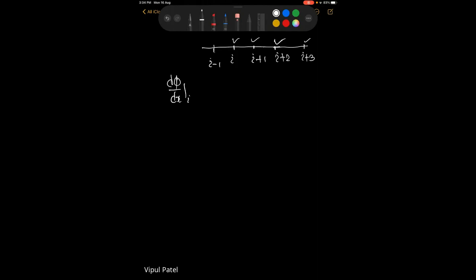So let's suppose P is the order of derivative, and let's suppose Q is something which is called the order of accuracy of the approximation, right?